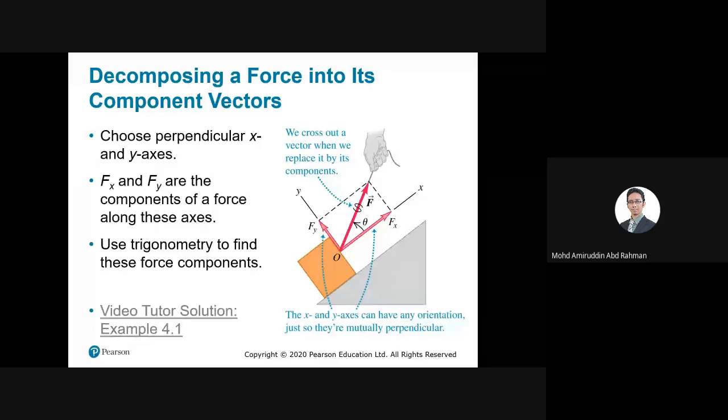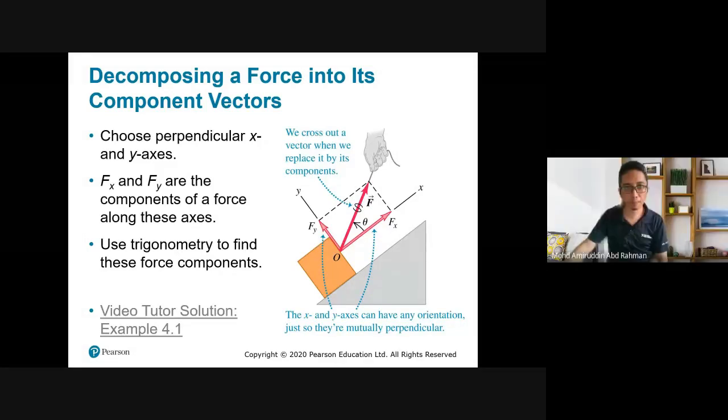Okay. Let's continue. All right. So now we already know how to decompose the vectors of the force, and we also know how to combine the vectors of the forces.